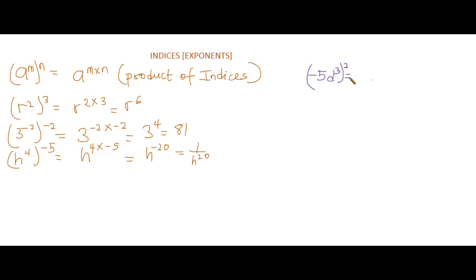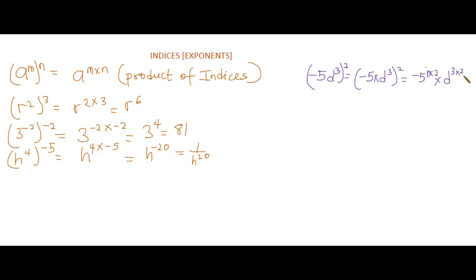So to solve this, writing this in terms of algebra, this will be minus 5 multiplied by d raised to power of 3 raised to power of 2, and I can simplify this further and write it as minus 5 raised to power of 1 multiplied by 2, times d raised to power of 3 multiplied by 2.